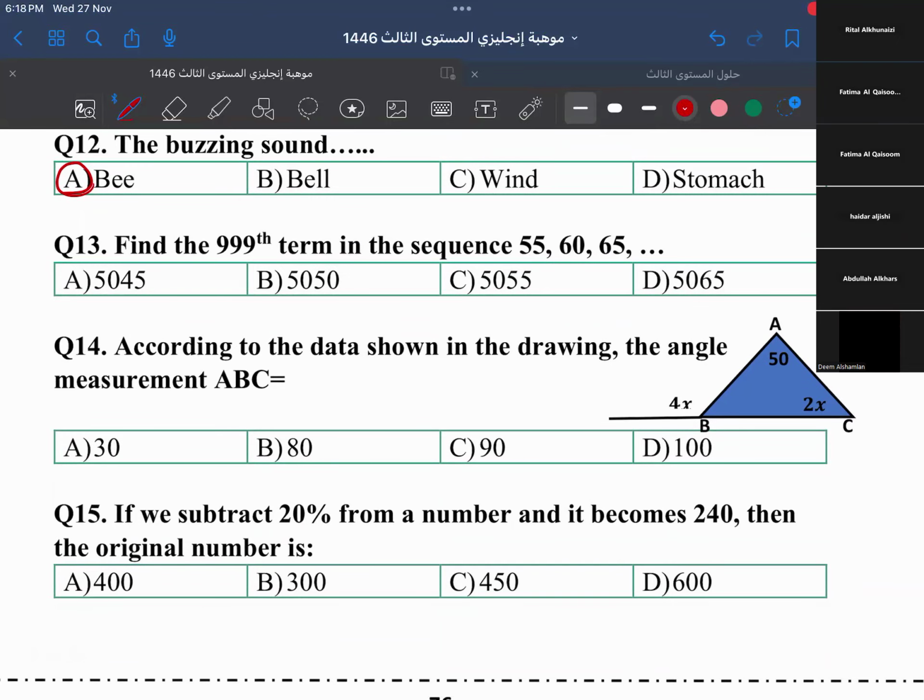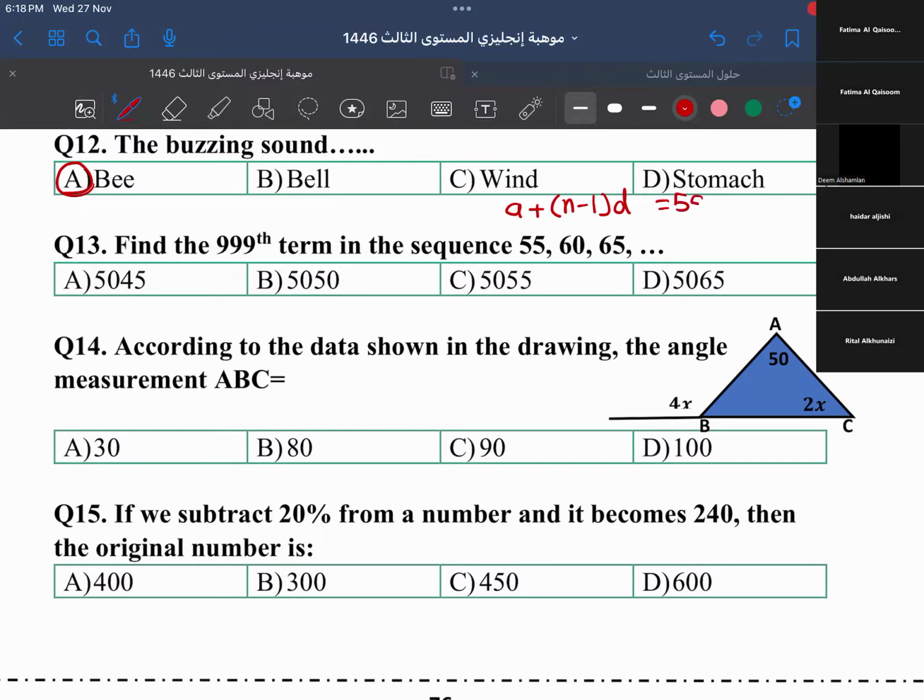Okay, Vital, do you want to do question 13? Yes. Find the 99th term in the sequence 55, 60, 65. So the formula to find the term is A plus (N minus 1) times D. Excellent. So what is A here? 55, which is the first term in the sequence.